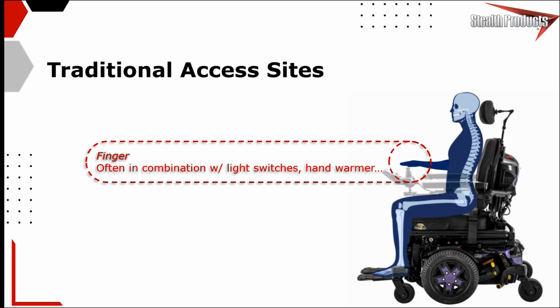We may also need a way to keep that digit warm so that they don't lose function. And like before, we may need arm troughs, we may need elbow supports in addition to something to position that drive control itself. We need to maintain the hand position and control of that arm so that they have access to that drive control.